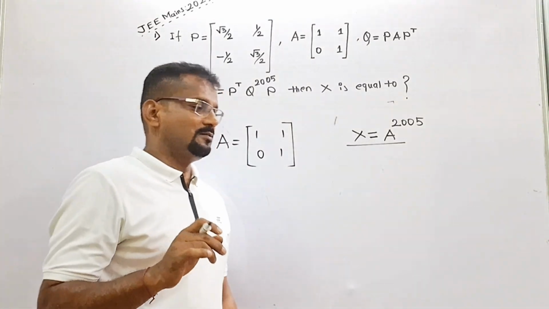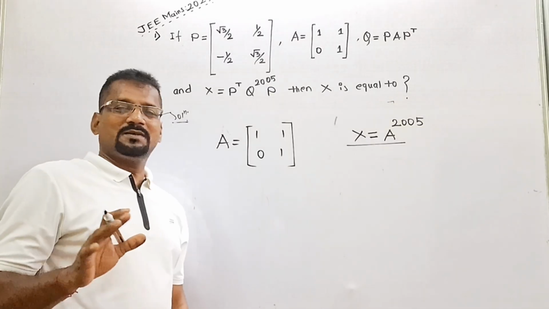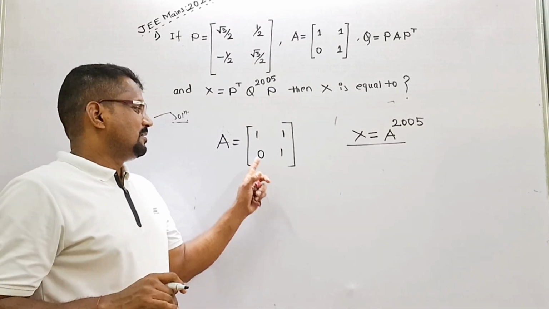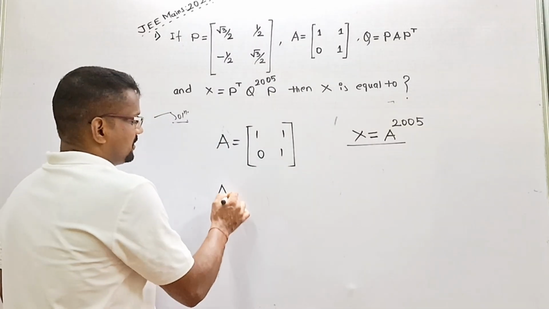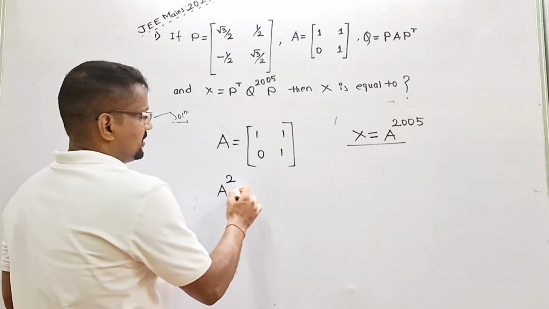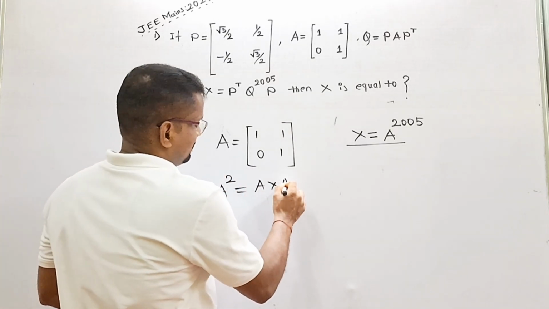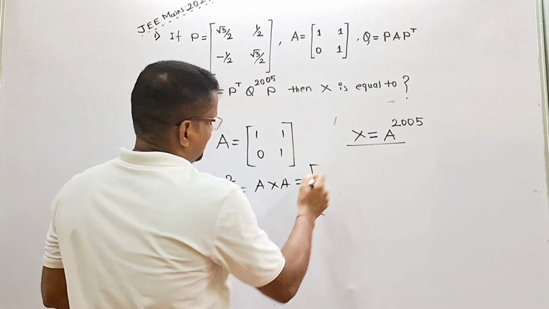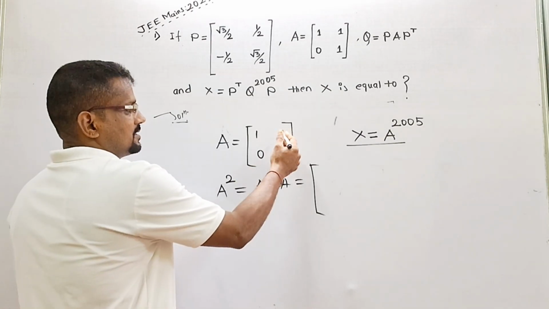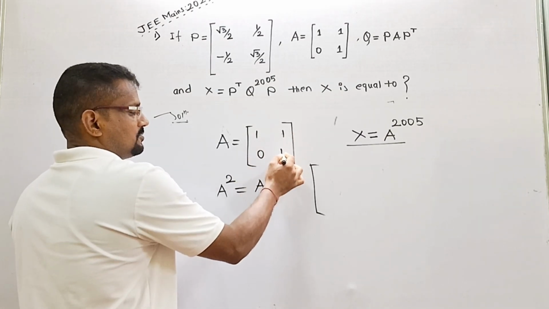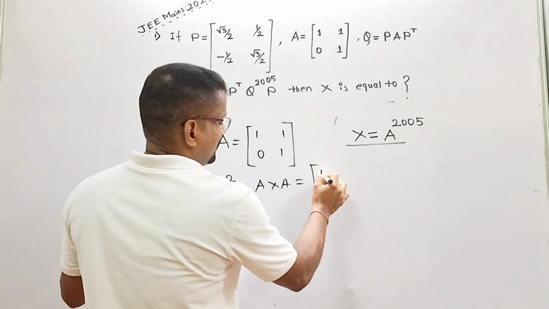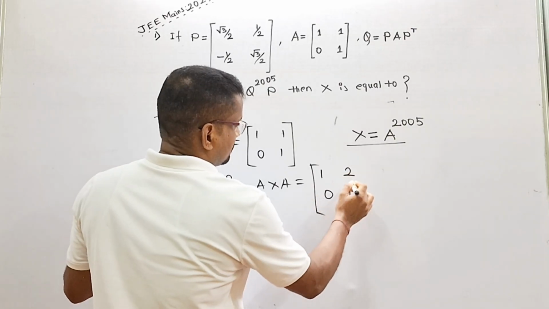Mathematics means observing patterns also, you can say. See, if I multiply A two times, A square, that is A into A, directly in this place, this row non-zero, this row non-zero, I can say it will be 1 2 0 1.